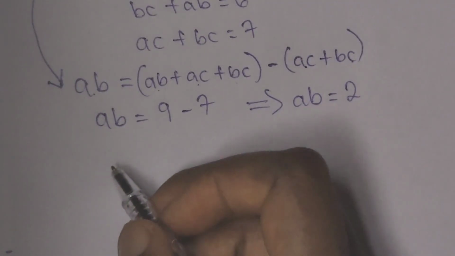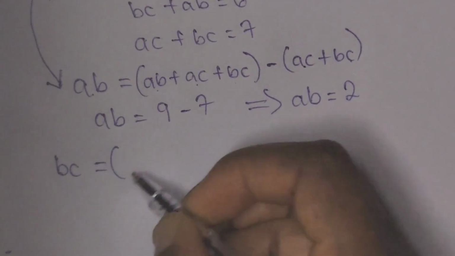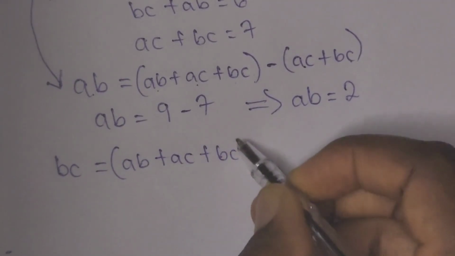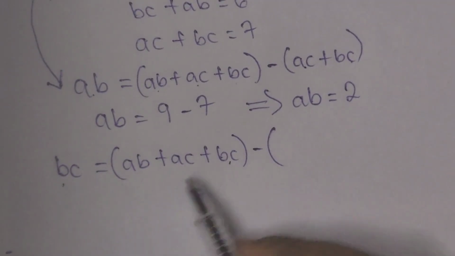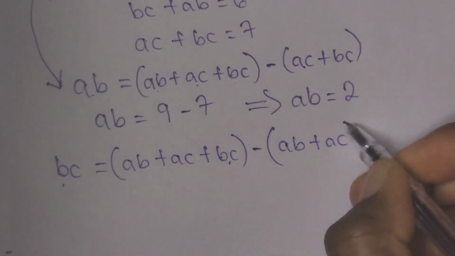So for us to get our BC, we have BC equal to AB plus AC plus BC minus, when we remove the BC, since we are looking for BC, AB plus AC.